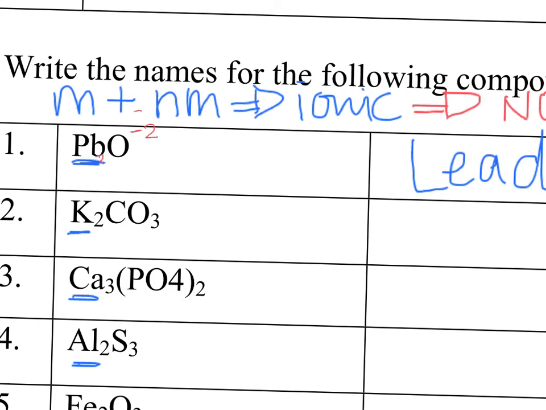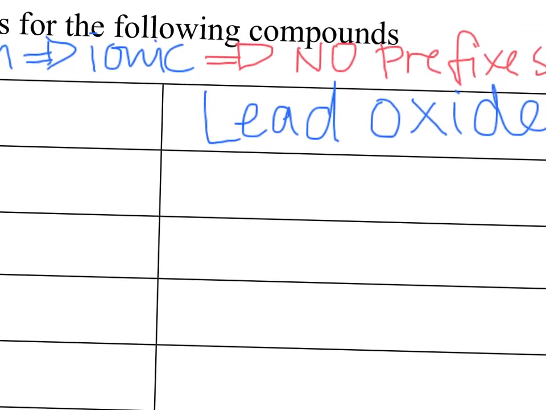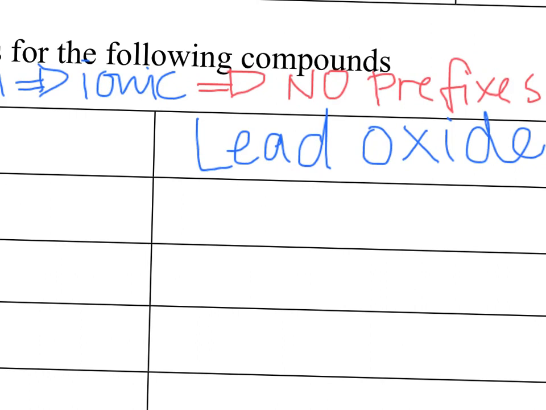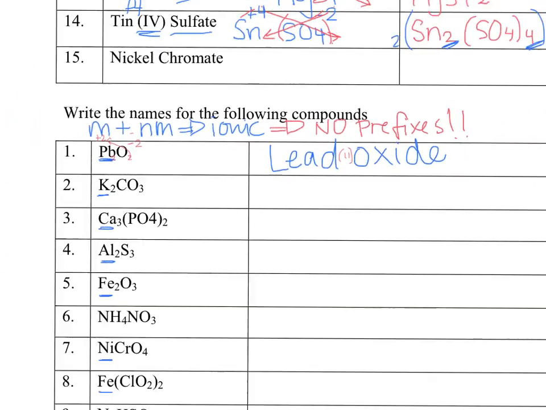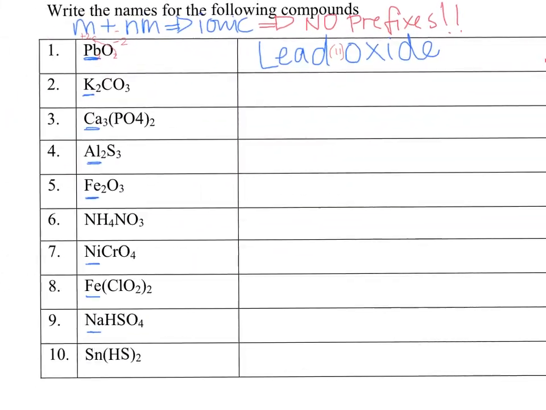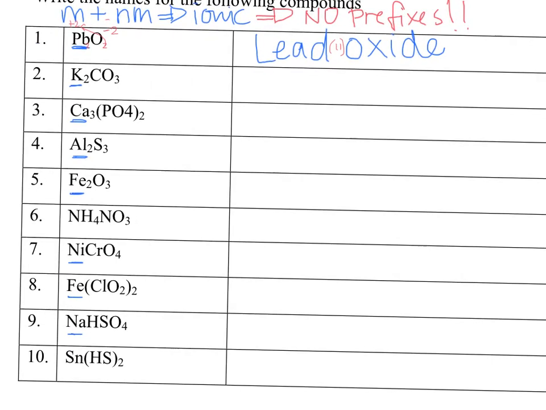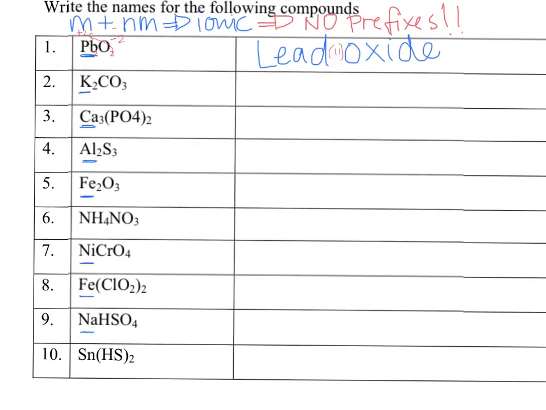So the only way that this would not have a 2 is if that had a 2 there. So this one came from here, so that had to be a +2, right? So that means that this is lead 2 oxide. That's a little picky. I may not count off for that. I don't know if I'll give you any of those, but I just wanted to show you what we do. Okay, so let's do number 3.